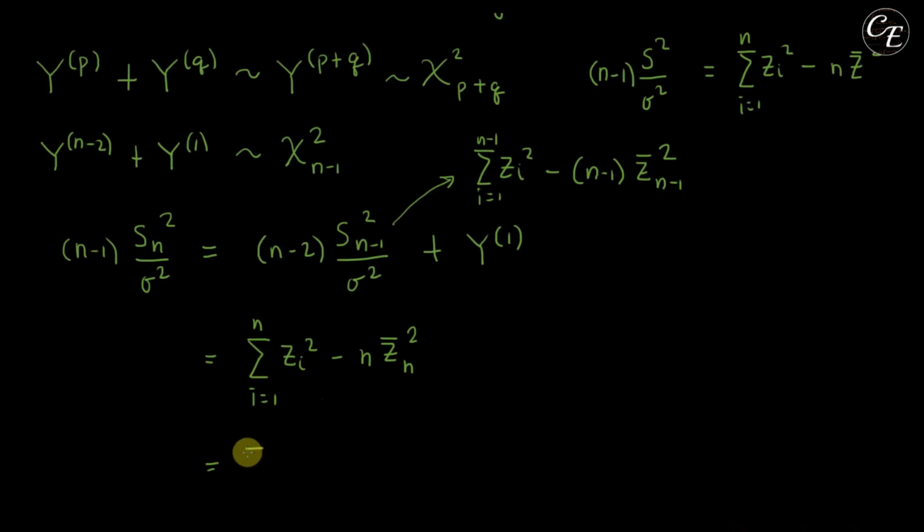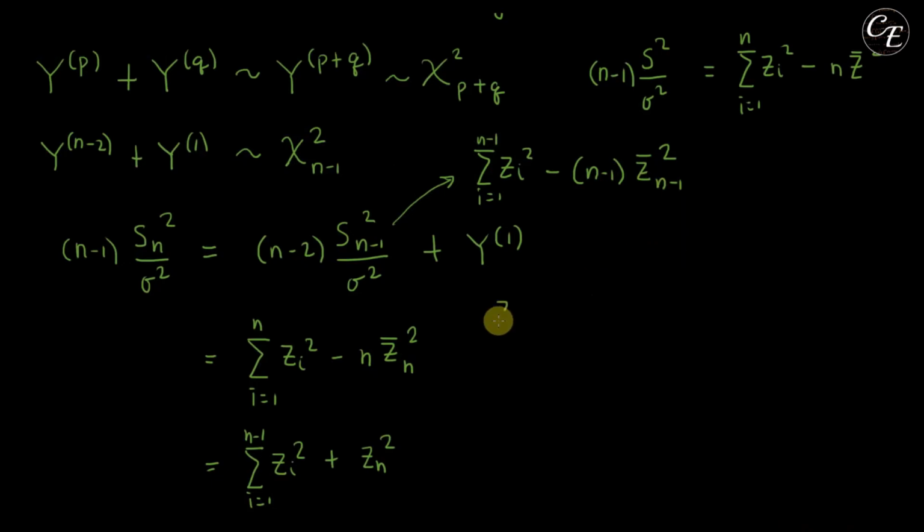So we can have summation of z sub i squared from i equals 1 until n minus 1, and then plus z sub n squared. Then for this z bar sub n squared, we need to express it in terms of this one.